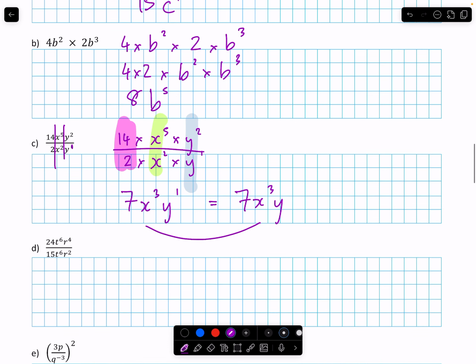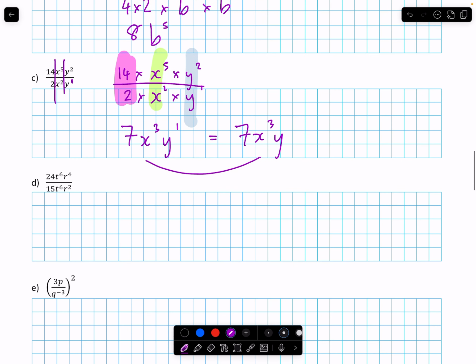Again, 24 times by t to the 6 times by r to the 4 over 15 times by t to the 6 times by r squared. Let's deal with the things separately. 24 over 15, t to the 6 and t to the 6 and r's. 24 over 15.